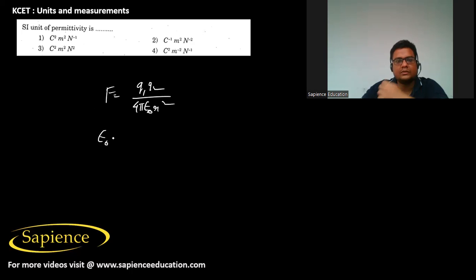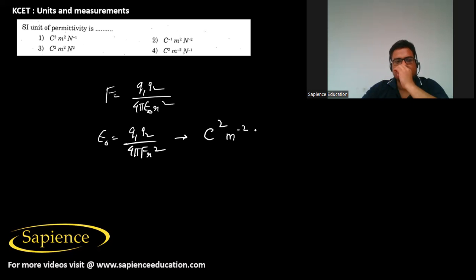So epsilon naught is Q1 Q2 by 4 pi F into r square. So its SI unit will be Coulomb square per meter square per Newton. So option 4 is the correct one.